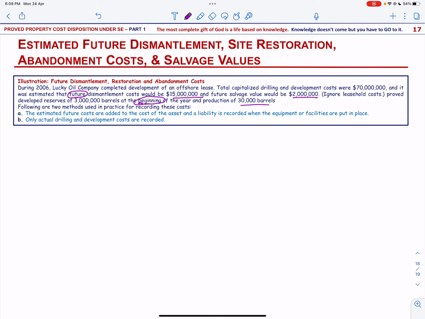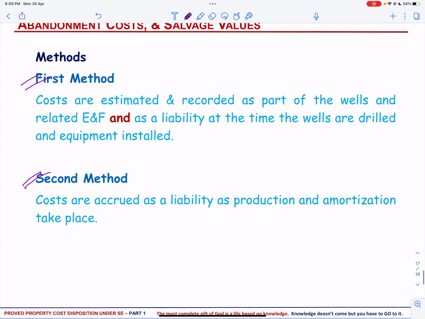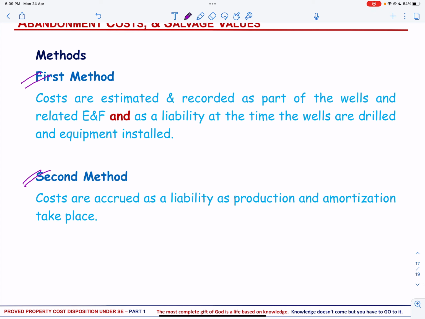Now, first of all, we are going to look at the first method, and if you can recall, in the first method, the estimated future costs are added to the cost of the asset, and a liability is recorded when the equipment or facilities are put in place.